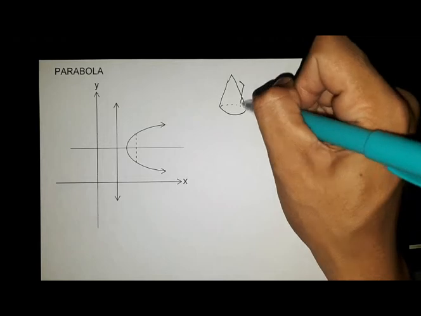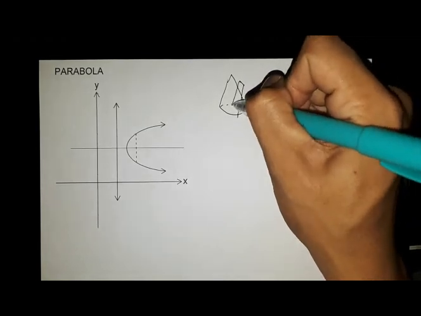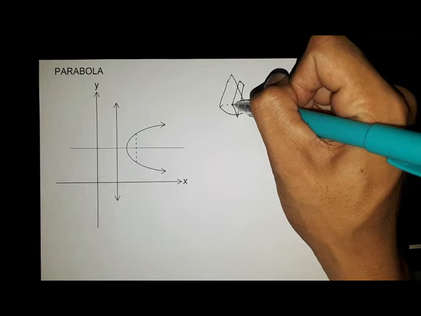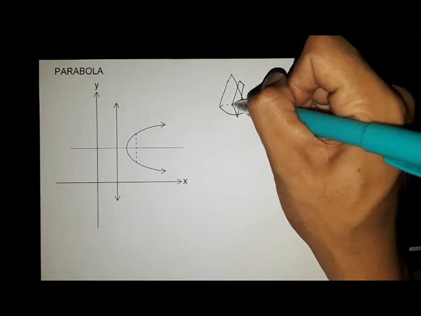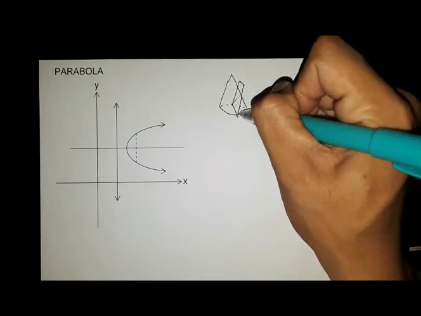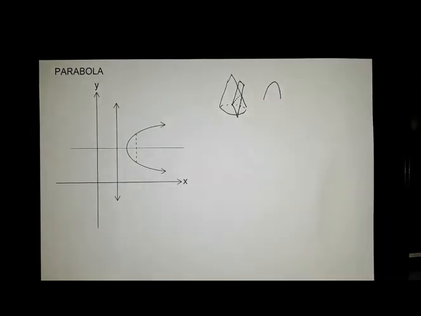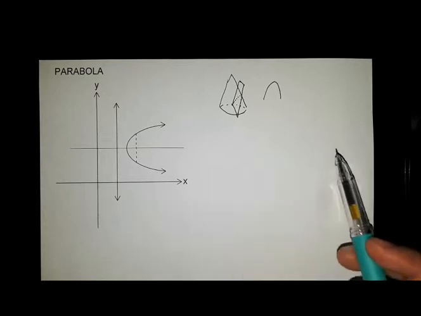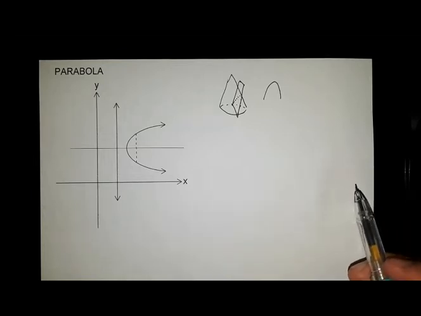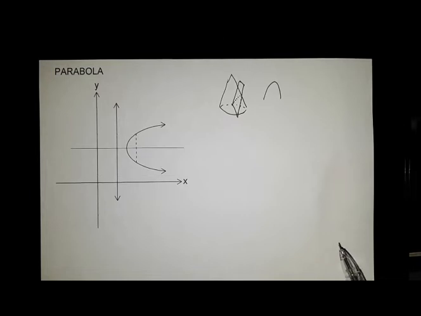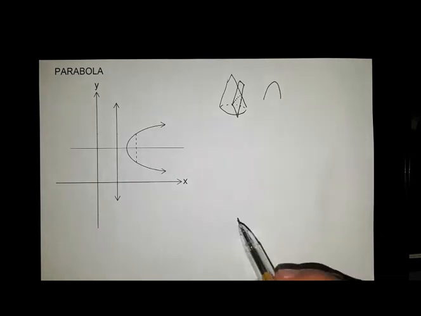So we cut here by the use of a plane intersecting the base, so forming this shape. A parabola has special properties compared to some other arc, but first let's identify the parts.